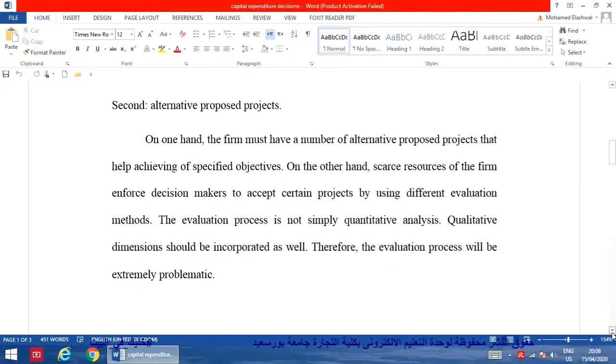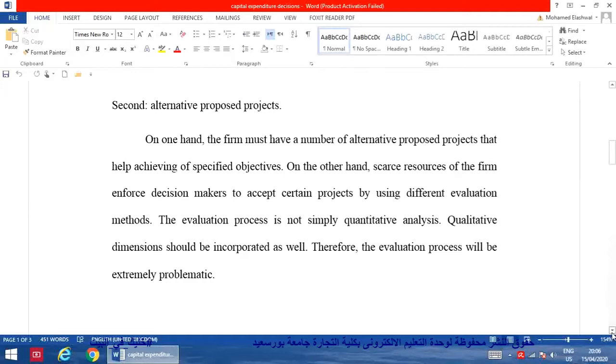Second condition, alternative proposed projects. On one hand, the firm must have a number of alternative proposed projects that help achieving specified objectives.